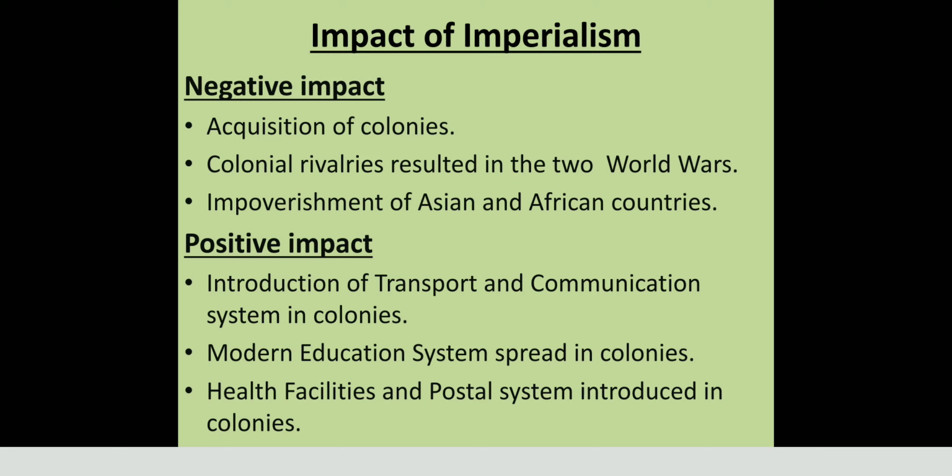They built the system of transport and communication, so these facilities became more efficient here. Then the modern education system was also spread in the colonies. The Western system of learning was introduced. Western modern education in science and technology was introduced in these colonies, these backward regions.